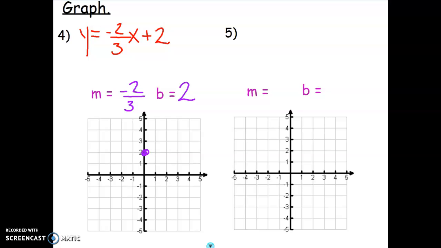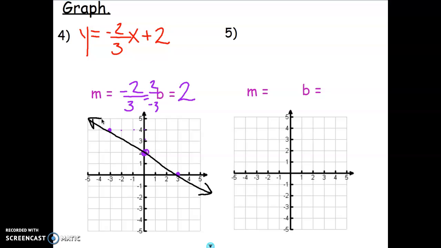We could think of it as -2, so down 2, +3, so down and to the right. Or you could have also thought of it as 2 being positive and the 3 being negative. All right, so our other option could have been to go up 2, but then to the left 3.